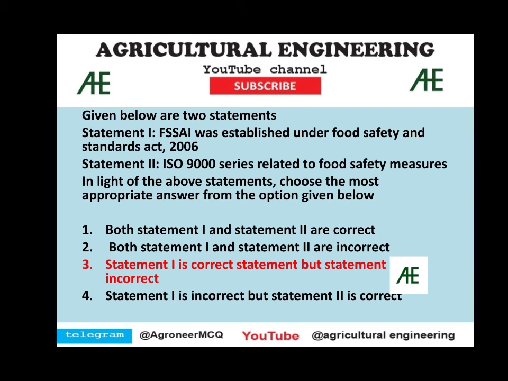Once again I am repeating, please refer the ICAR e-course online notes for this FSSAI and ISO 9000. They have given some detailed information about this. So statement 1 is correct, but statement 2 is incorrect.